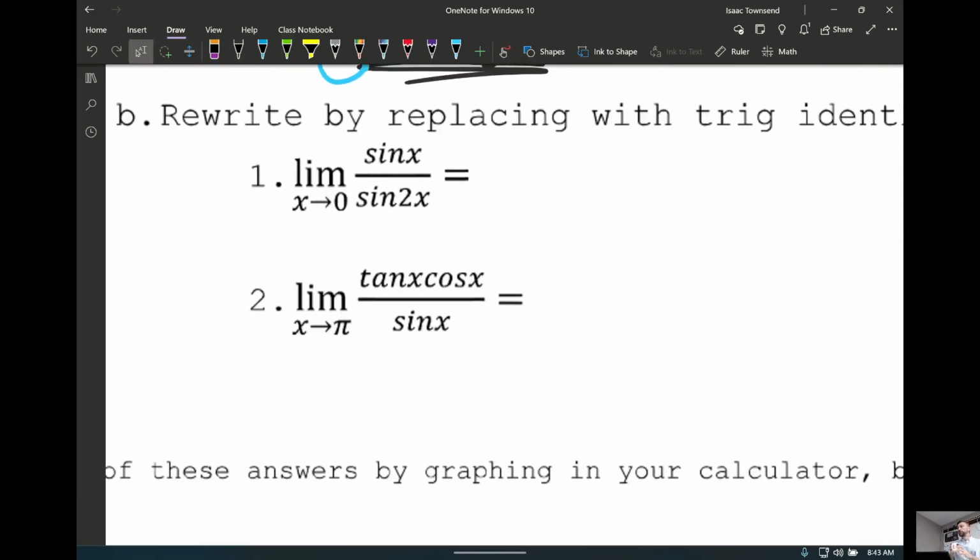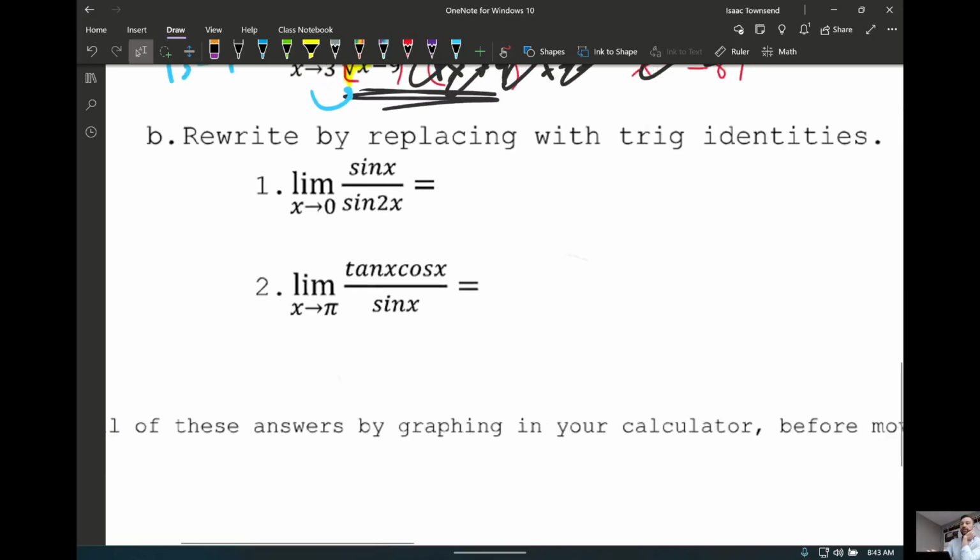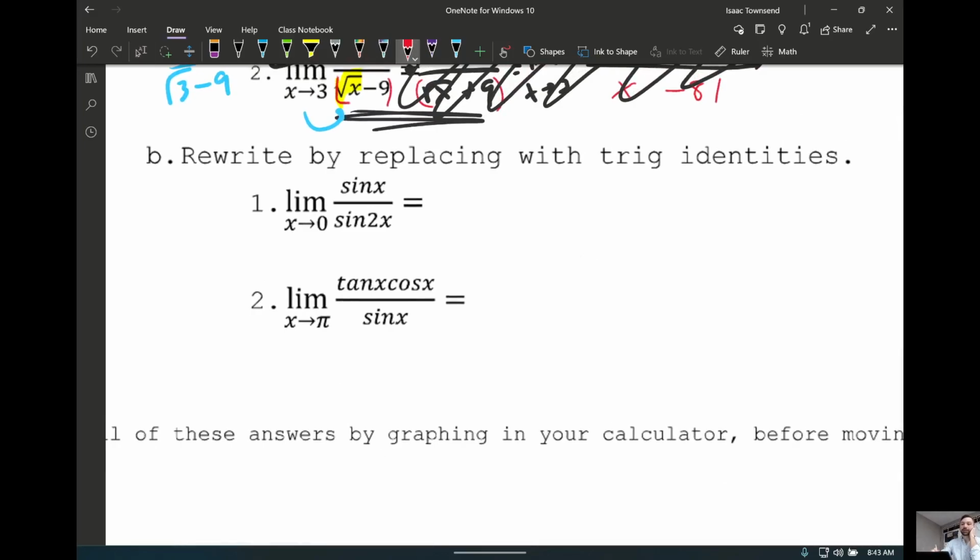Okay, the second one I want to show you, and I'm only asking you to practice 2 of these on the back page today, is the same idea. Start off with direct substitution. I guess I better actually check this time. The sine of 0 is 0. The sine of 2 times 0 would be 0.